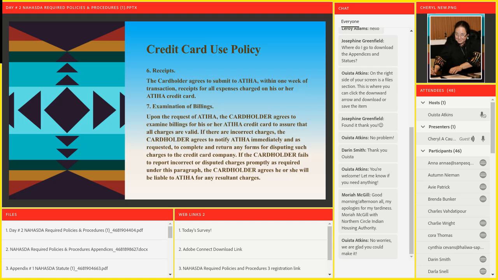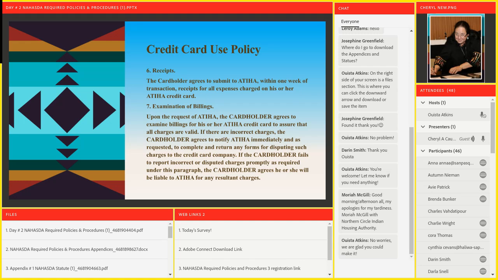Receipts. The cardholder agrees to submit to ATIHA within 1 week of a transaction the receipts for all expenses charged on his or her credit card. Examination of billings. Upon the request of ATIHA, the cardholder agrees to examine billings for his or her credit card to assure that all the charges are valid.